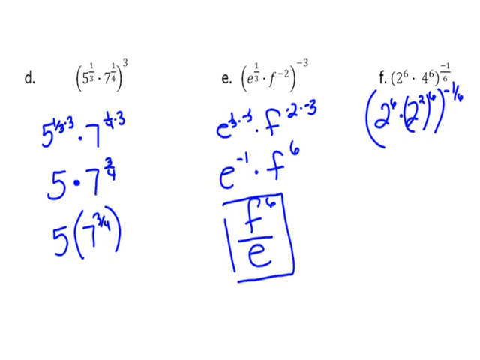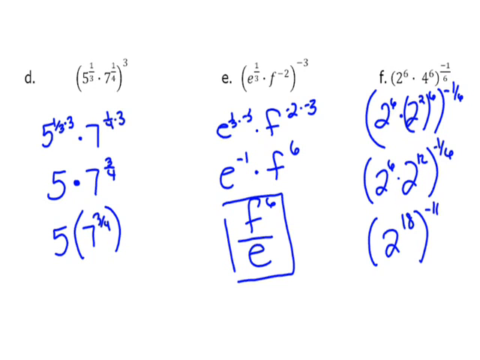All right, so here's where it starts to get fun. So raising a power to a power, I get 2 to the 6 times 2 to the 12th, to the -1/6 power. I do inside my parentheses first. Each of these has the same base raised to a power, so I add exponents. That gets me 2 to the 18th, to the -1/6.